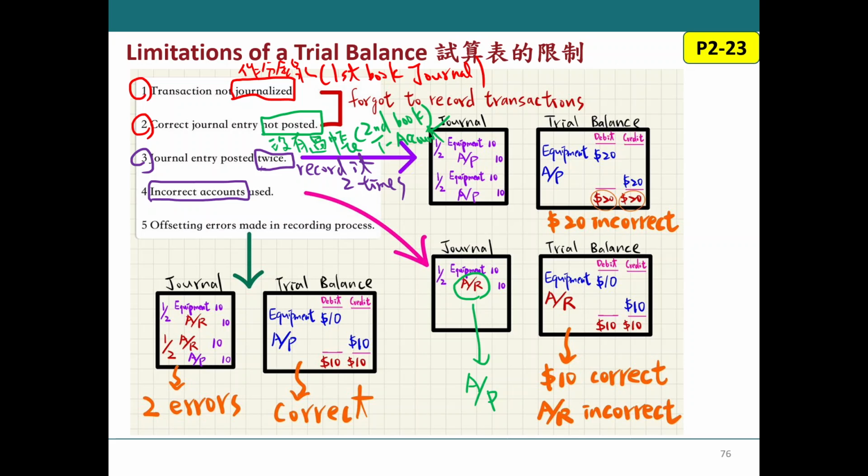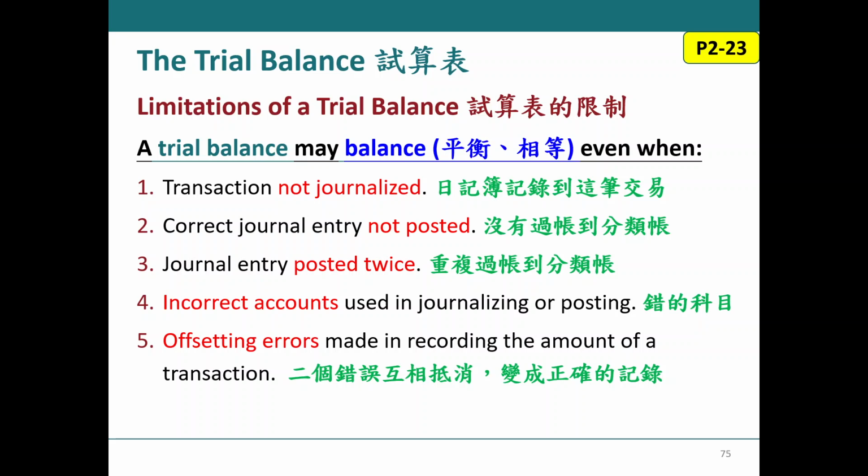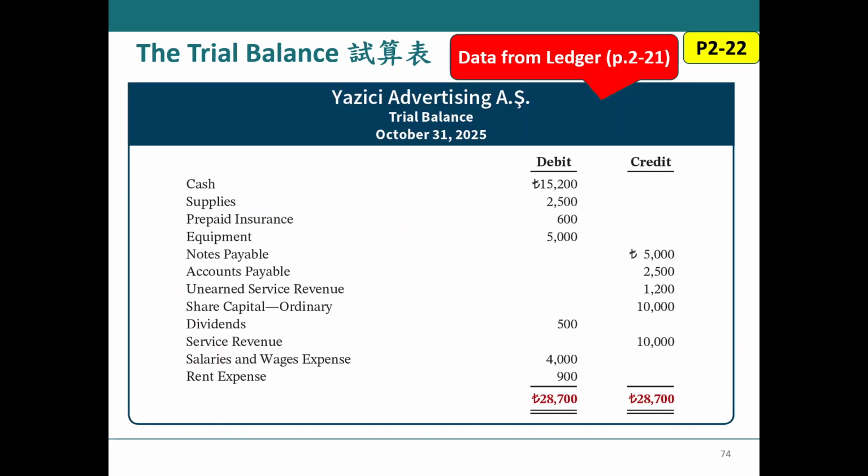So you still cannot explain the transaction, okay? So this slide just wants to tell you, even though you got total debit equal to total credit, it doesn't mean 100% correct. You know, not everything you can measure 100%.